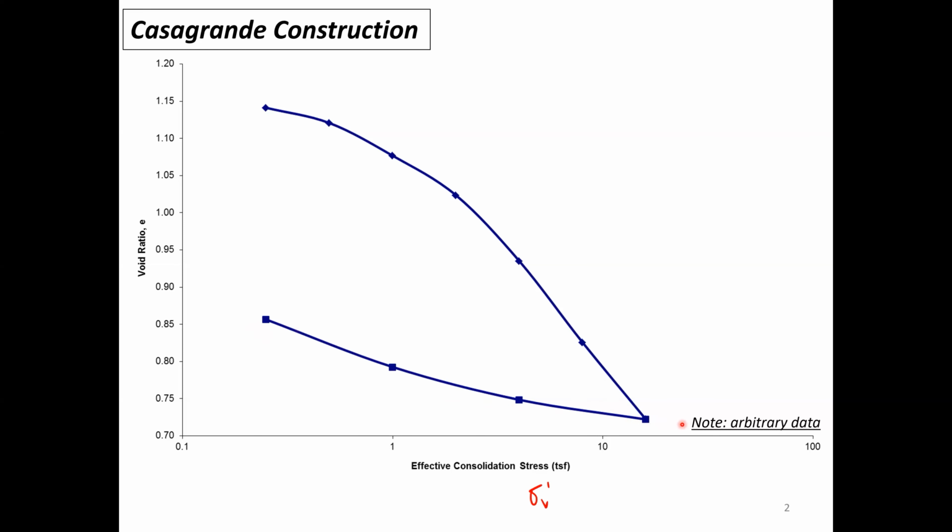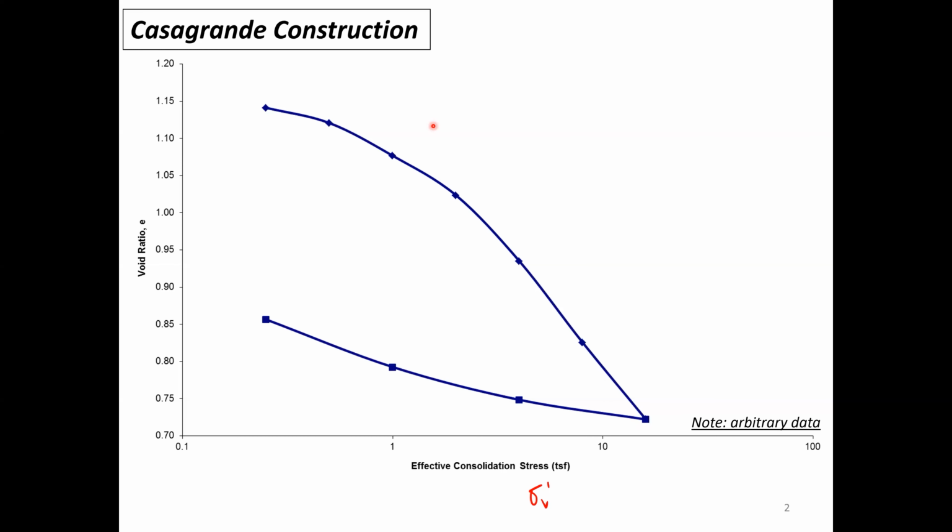That is another recompression part. Typically, the slope of the rebound here should be the same as what we have for the recompression in the field. And the breaking point, or the change of the slope, the location where you change from the recompression to the compression, typically that is your maximum past pressure.